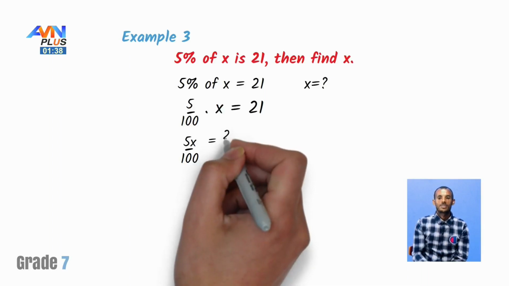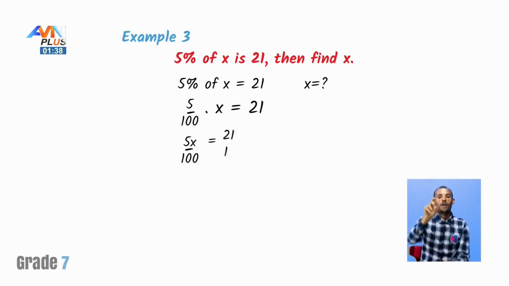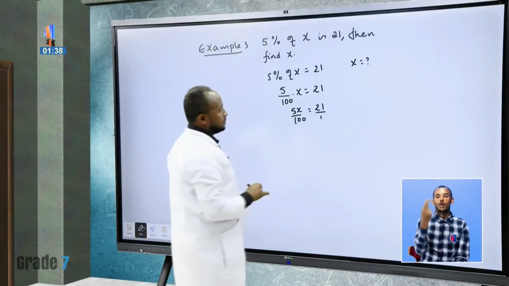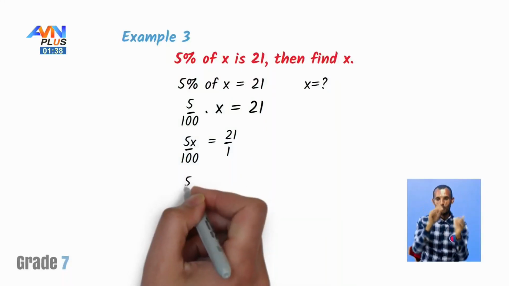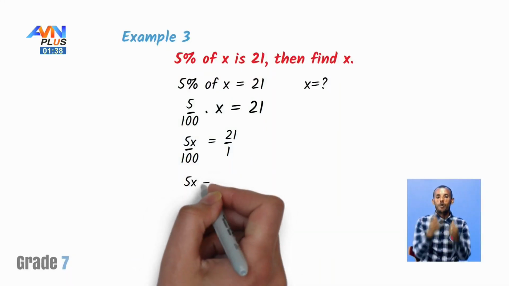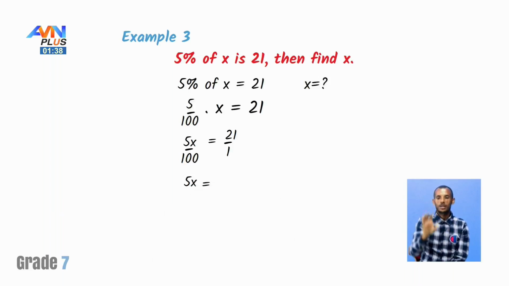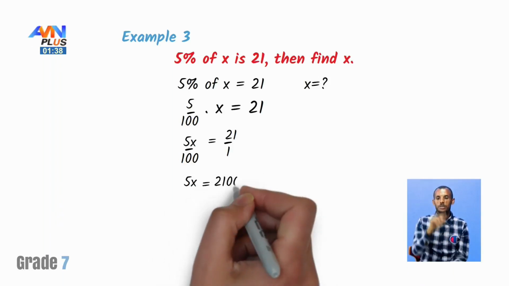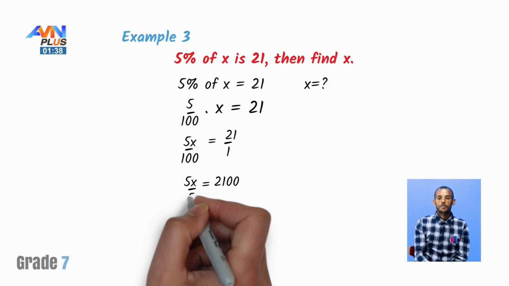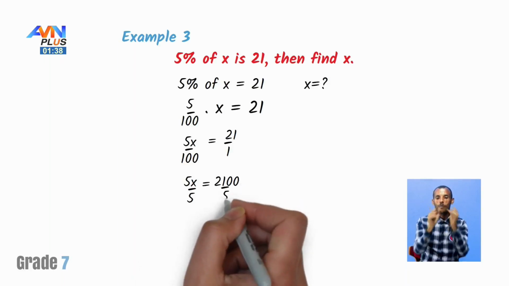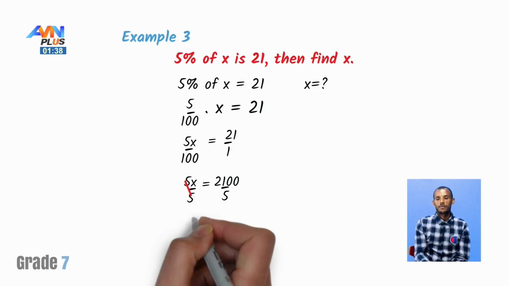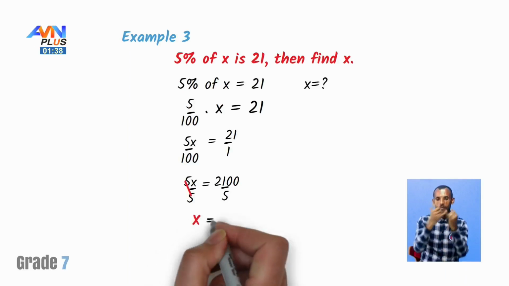To find the value of x, let's apply cross multiplication. 5x times 1 gives you 5x. 21 times 100 gives you 2100. To find x, let's divide both sides by 5. This cancels out.